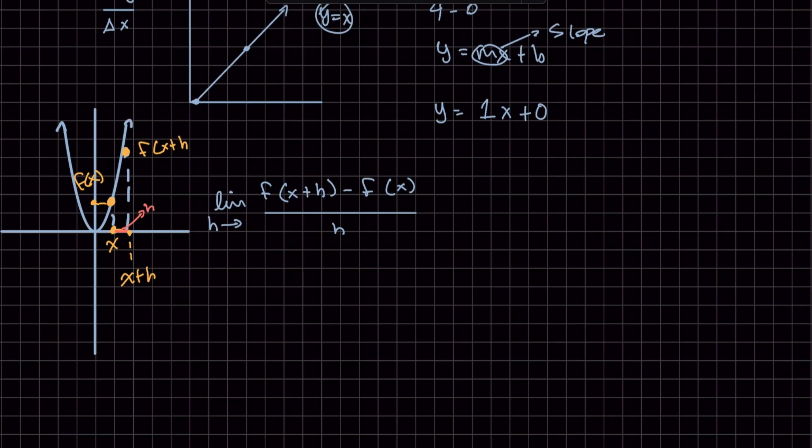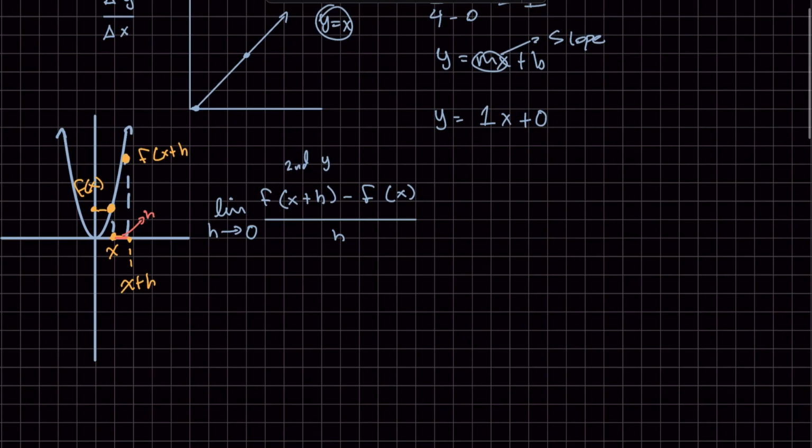So all that this limit is saying, like we said last time, is that as some variable approaches a certain value, what does that function become? The variable in this case is h, and it's saying as the difference between two points approaches 0, what is the change in y position?